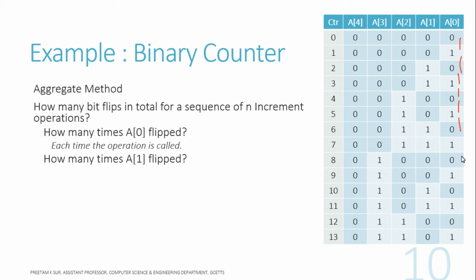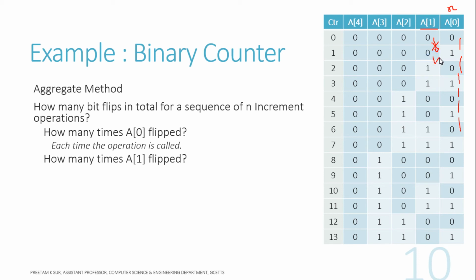Next, A0 is going to flip n times if we have n increment calls. Now how many times is the A1 bit going to be flipped? Looking at the example, in the first increment call it is not flipped, but in the second increment call it is flipped.